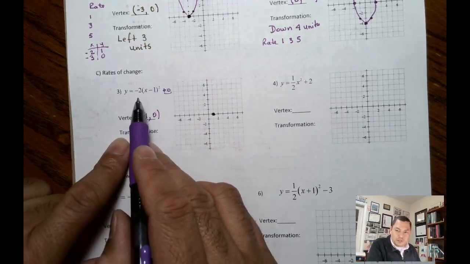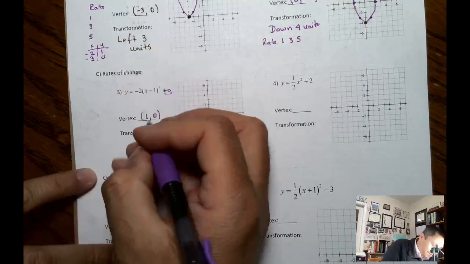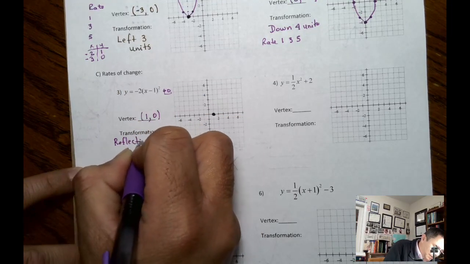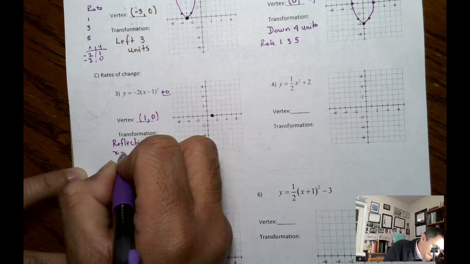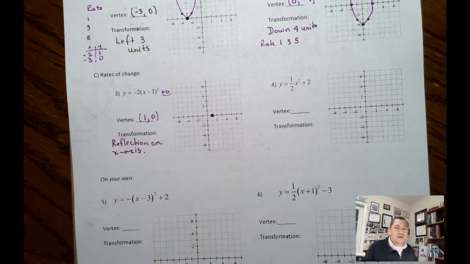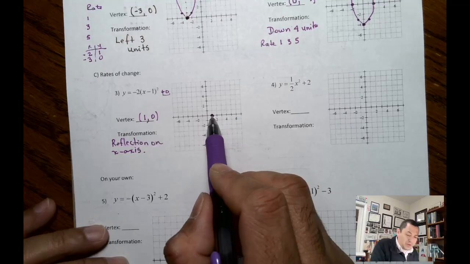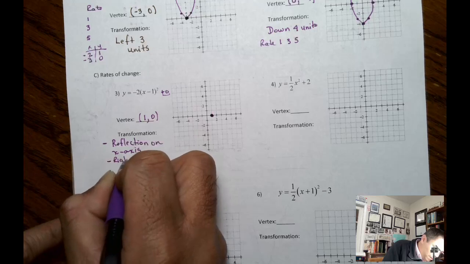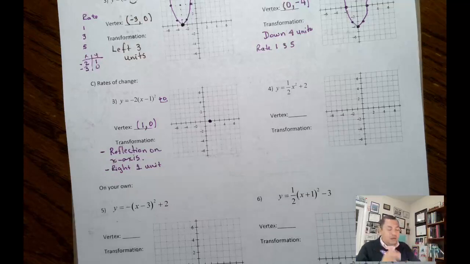Transformation. Number 1. The function is negative, so this is a reflection on x-axis. Number 2. This function is right 1 unit, because the function moved 1 unit to the right.